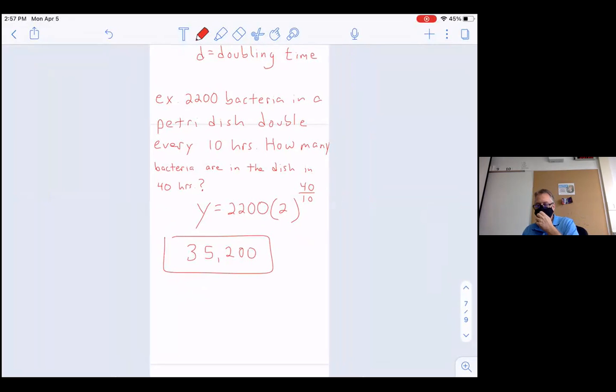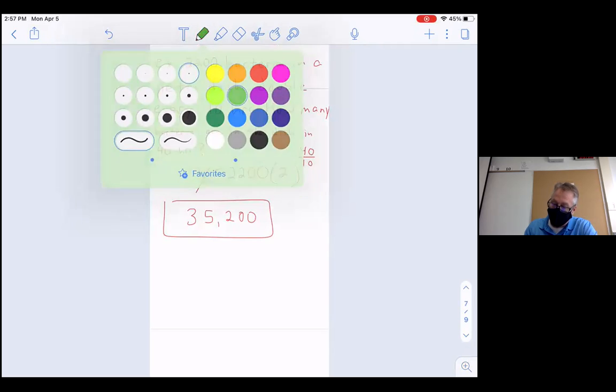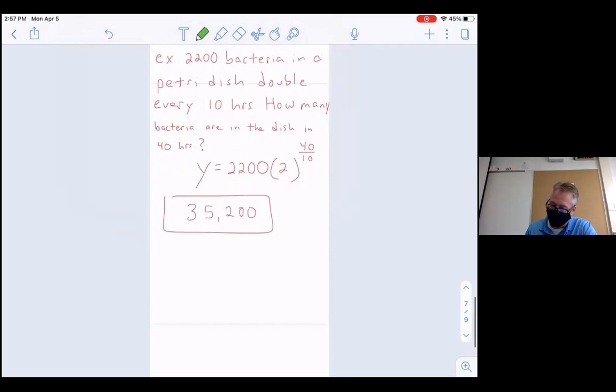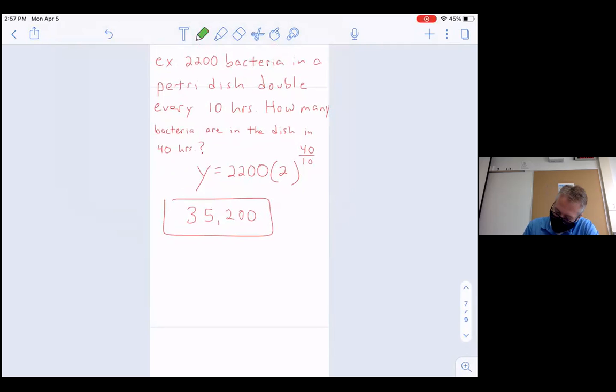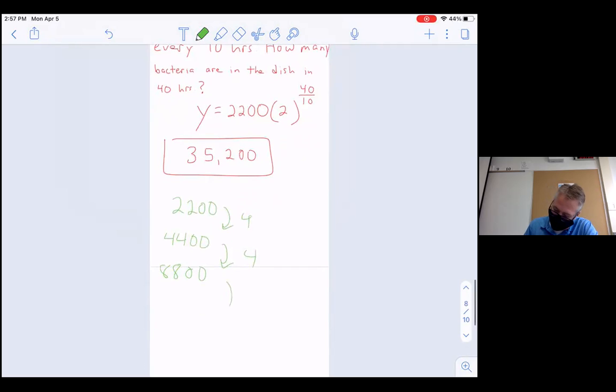All right, and then if you think about this one, and I kind of gave it nice numbers, without knowing this doubling formula, remember we started with 2,200, and then after 10 hours, it's going to double, right? It's going to be 4,400. And then after 10 more hours, it would double again, 8,800. After 10 more hours, that would be 17,600.